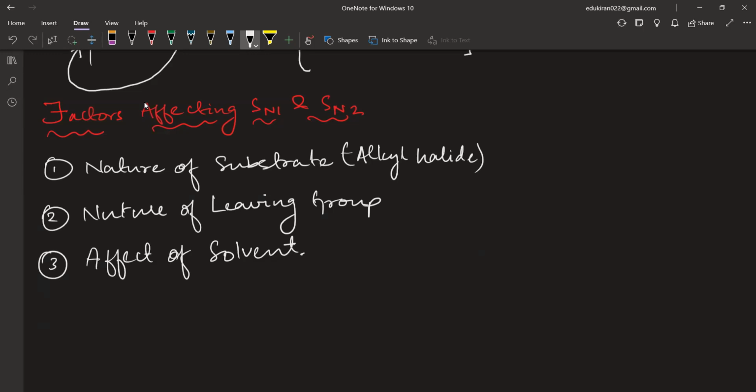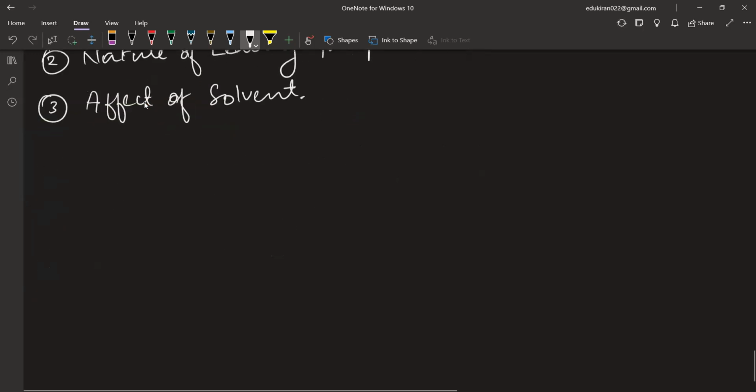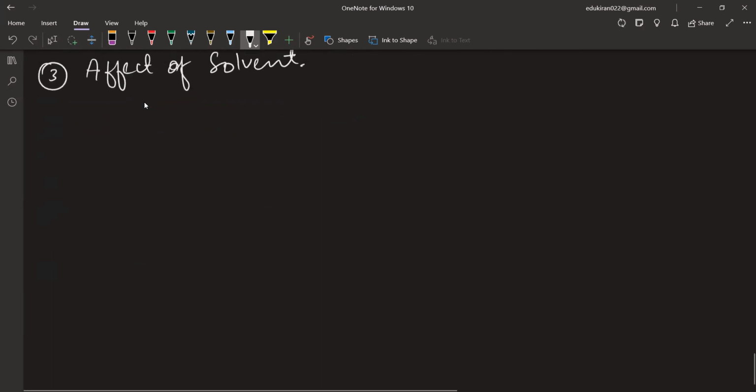Okay. So first of all, we'll discuss the nature of substrate, that is alkyl halide, then the nature of leaving group, and then the effect of solvent. Chaliye. Let us write the first point, nature of substrate. In nature of substrate, first of all, we'll look at the reactivity of SN1.